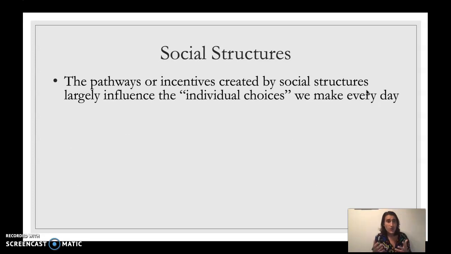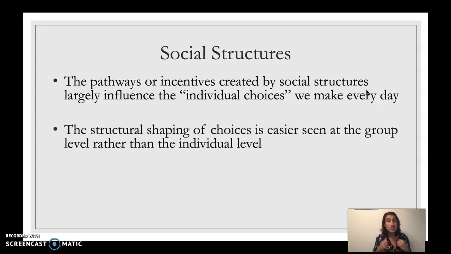Right. So social structures, again, the pathways or incentives created by social structures largely influence individual choices that we make every single day. The structural shaping of choices is often easier seen at the group level rather than at the individual level. Like I said, if we can categorize how all men behave in comparison to women with regard to a certain idea or preference, it's a lot easier to see, oh wow, this group of people tends to have more in common in comparison to other groups.